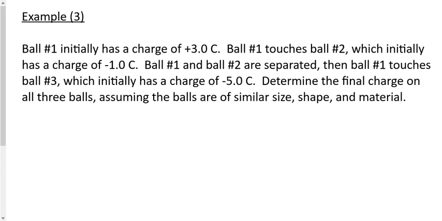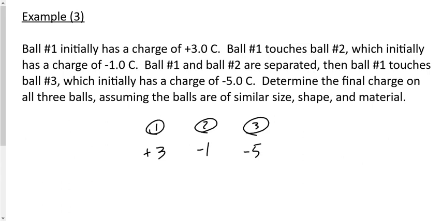To figure this out, I want to create a little table. Initially, I have 3 charges that are plus 3, minus 1, and minus 5. So before anything happens, these are my charges. Add them up, divide by 3? No, because they're not touching each other at the same time, right? Cal, what do you think I'm going to do there?